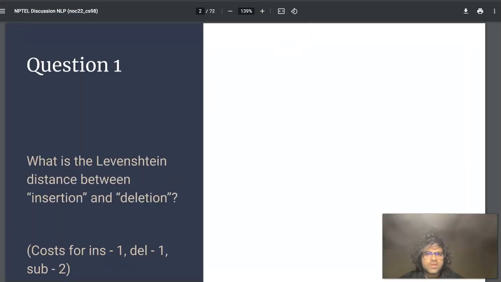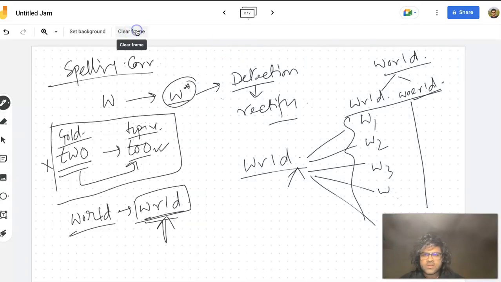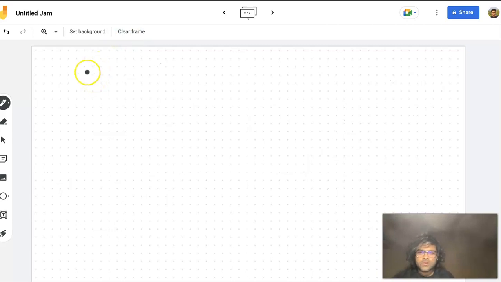So let's give a recap. Suppose this is my word, and I want to go to this word, and its length is n.